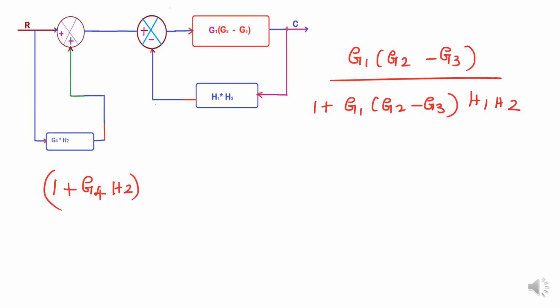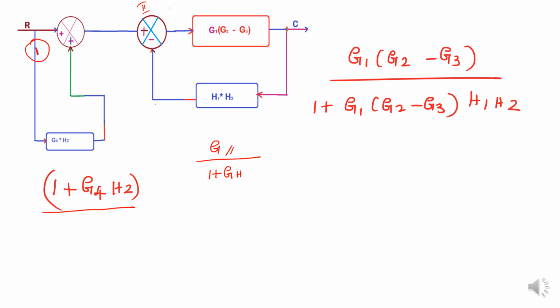How to reduce this? See the first one, here 1. G4H2 and 1 both are connected in parallel. So I can write like this, 1 plus G4H2. And see, the next part is the reduction of the negative feedback loop. So what is the formula? G divided by 1 plus GH.